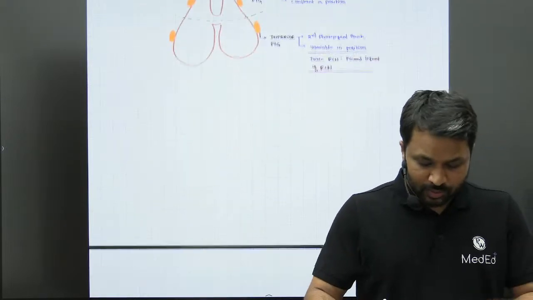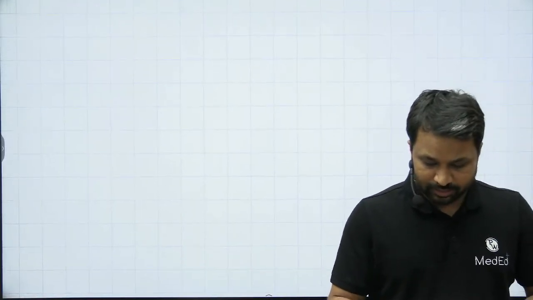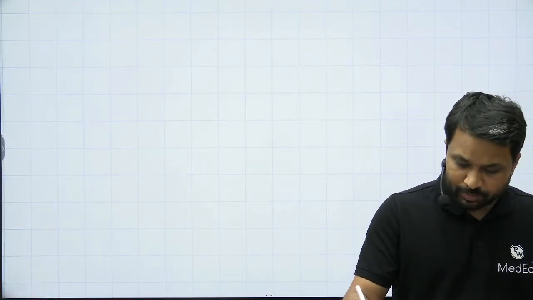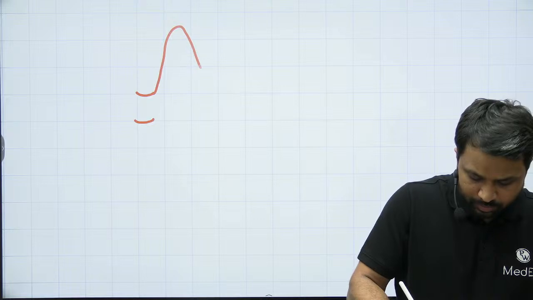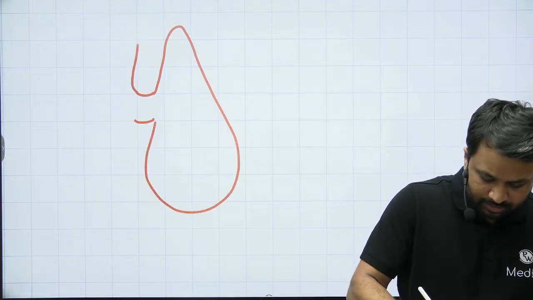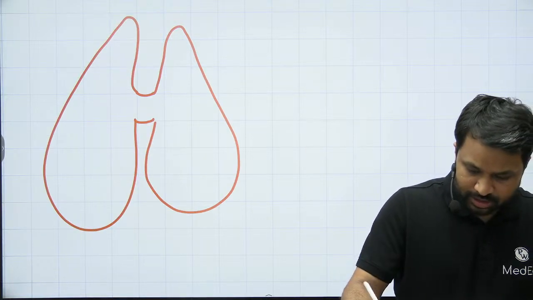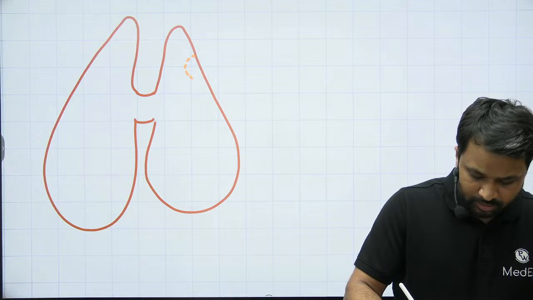Now, we talk about the properties of this parathyroid gland. Let's try to understand and analyze what the important contexts are. This is the thyroid gland again, and this is the parathyroid gland, which will be here.